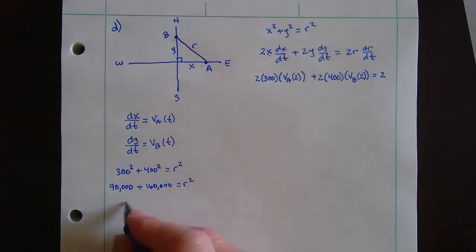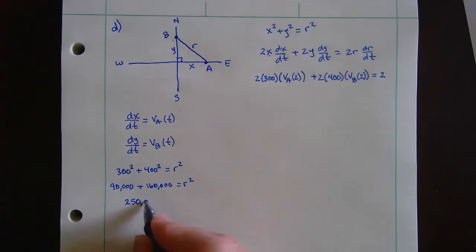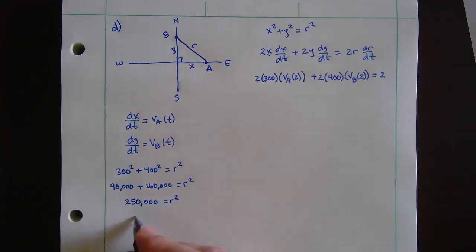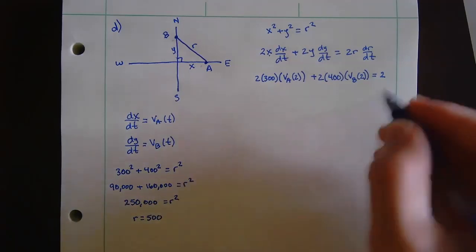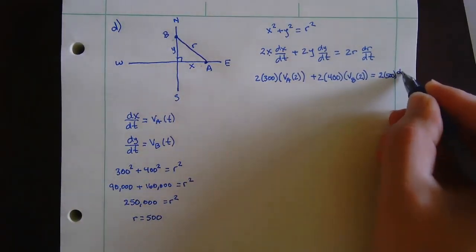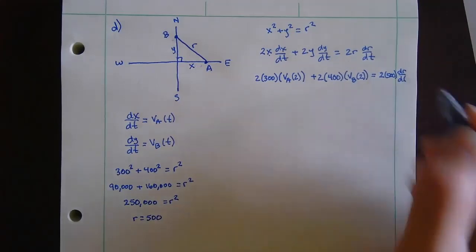And this would be 250,000. And then r would equal 500, okay? So this would be 2 times 500 times dr over dt. And that's actually what we're trying to find, right?